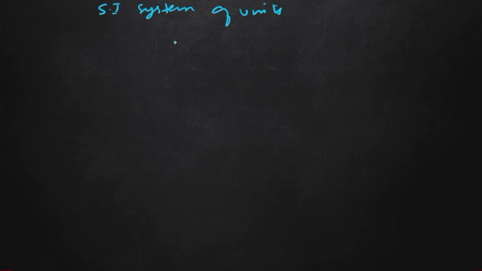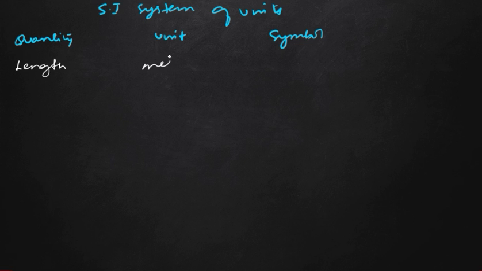If we see some quantities, their unit and the symbol. The first quantity is length. In SI system, the unit of length is meter, and the symbol used for meter is small m.